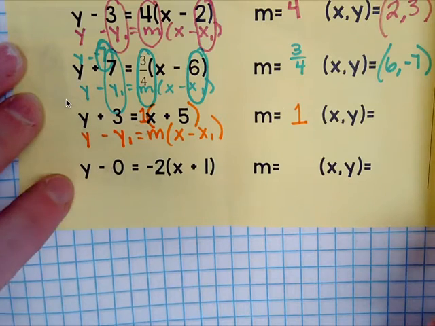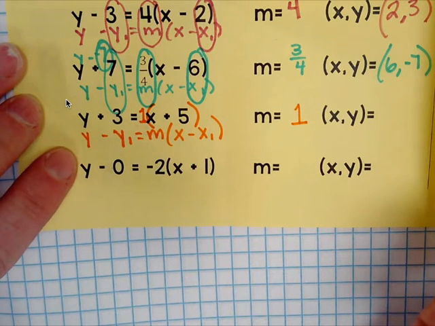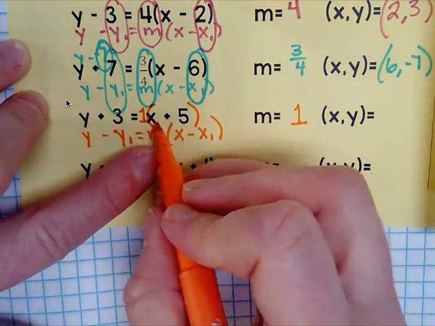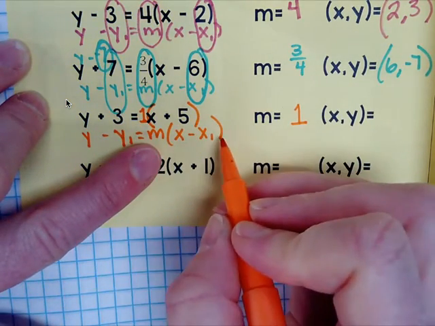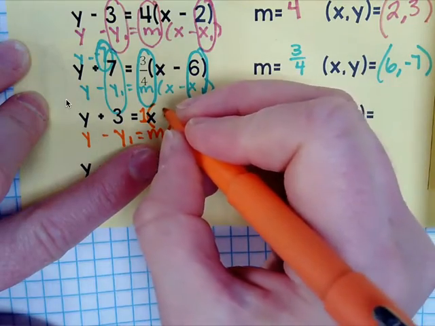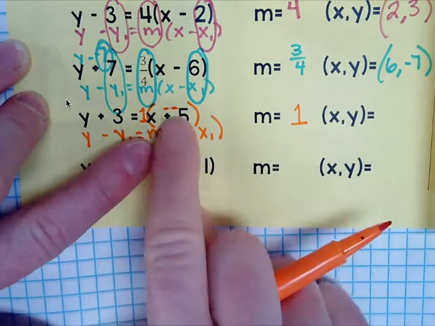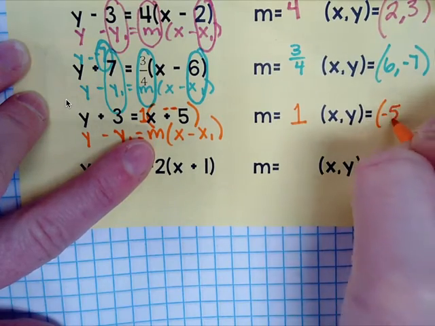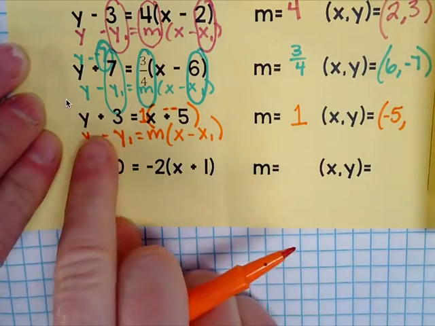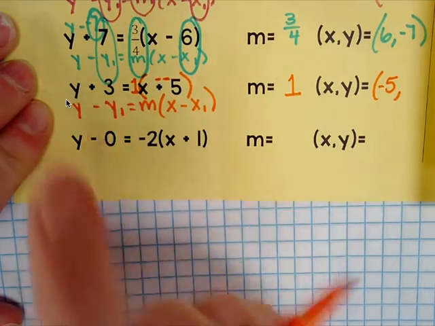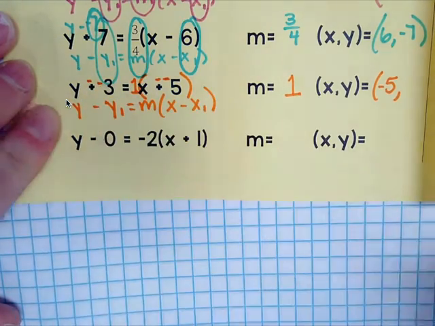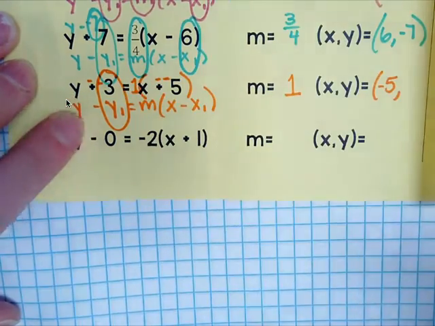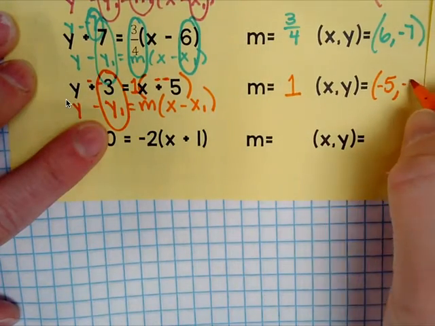Tricky problem. All right, let's look at x1. If we see x plus 5, what is x1? Minus a negative. Negative 5. And then y1, that would have to be minus a negative 3 to make that plus. So this is a negative 3.